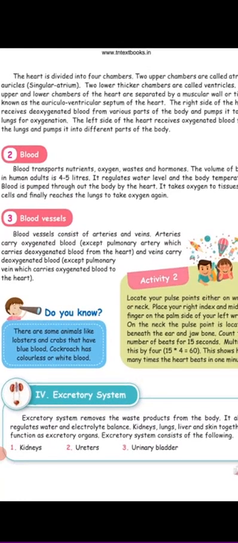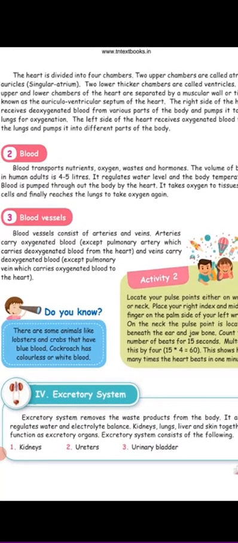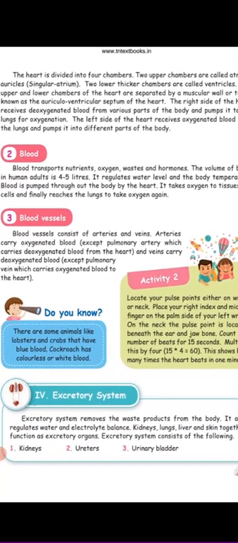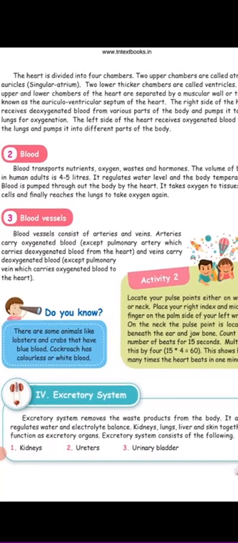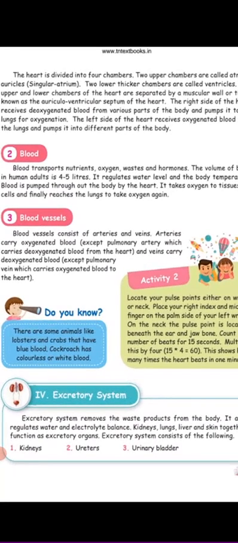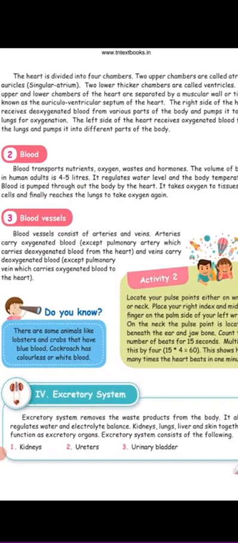So the right side of the heart receives the deoxygenated, impure blood and pushes it to the lungs. What are the lungs doing? They make it fresh oxygenated blood. The left side of the heart receives the oxygenated blood and gives it to all parts of the body. Clear? So next is blood.